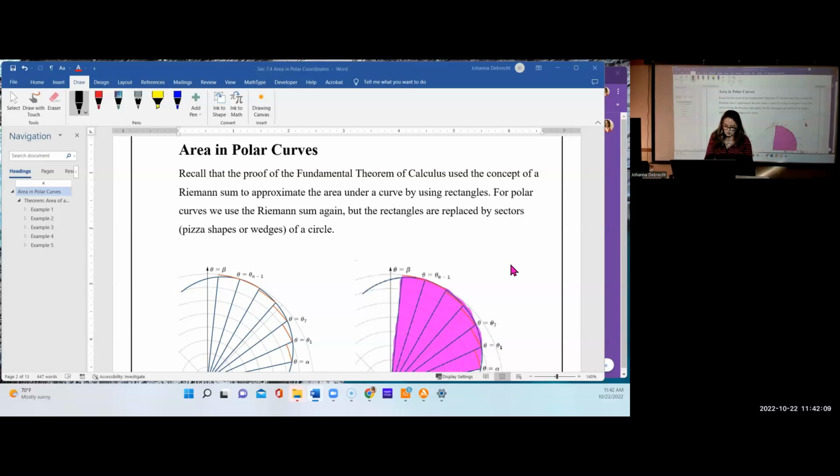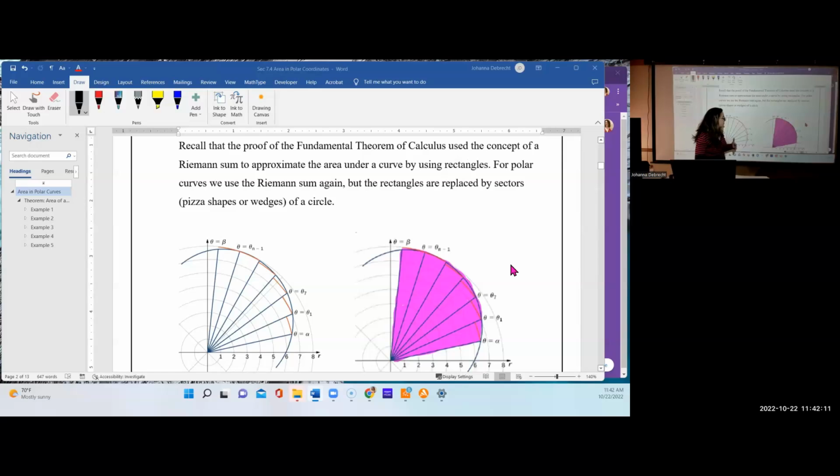So more similar to the edge of a circle than it is to anything rectangular. So we're not going to be able to use rectangles, but we can use the same idea from the fundamental theorem of calculus, rather, and from the Riemann sum, but we're going to replace the rectangles with sectors of a circle. Now, these are shaped like pizzas or wedges or small sections of a fan that's opened up.